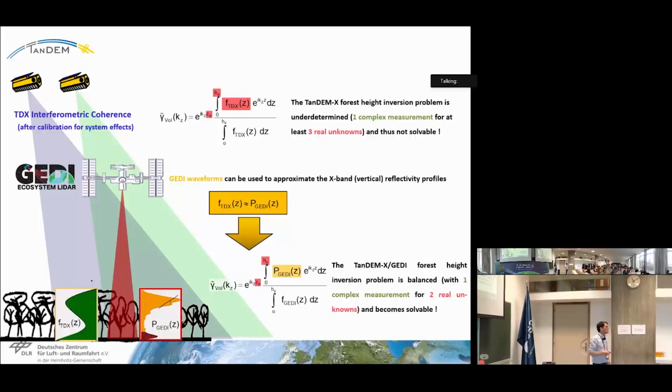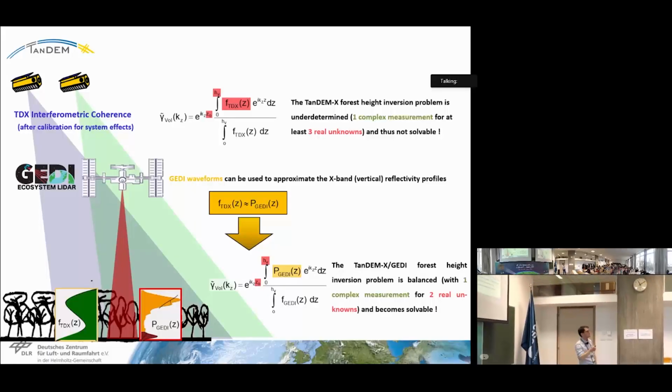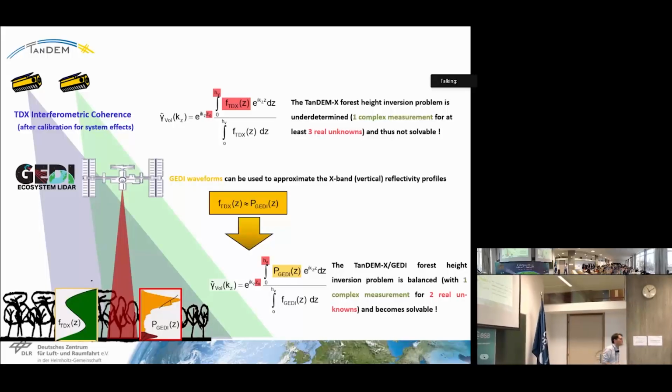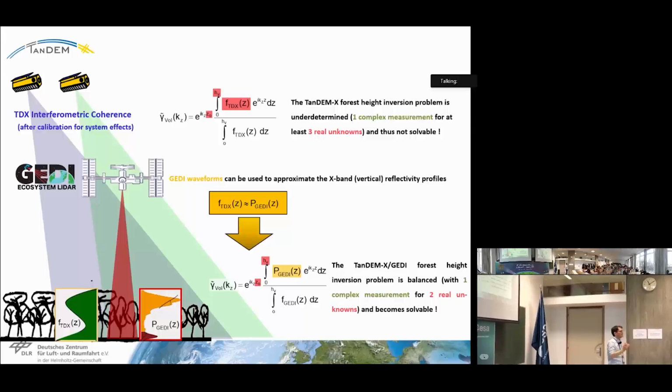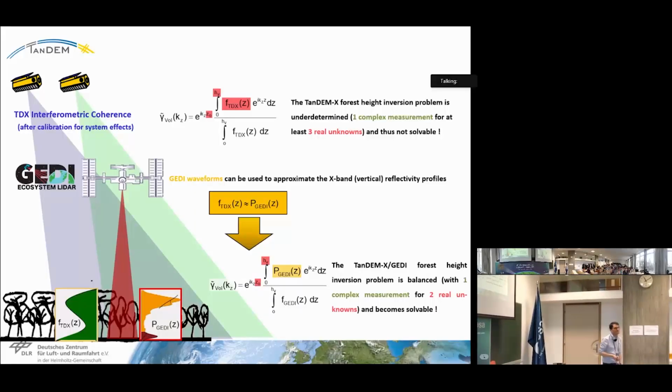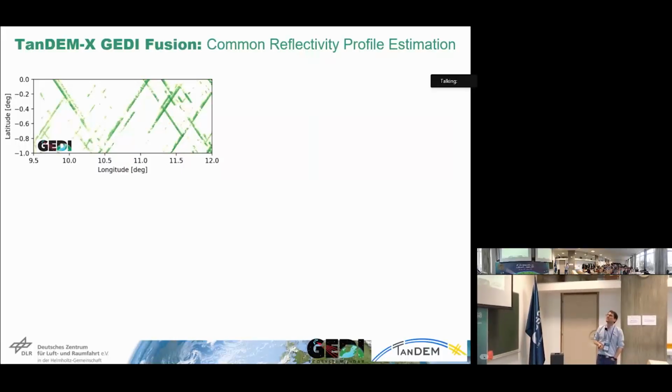And again, with the reflectivity function, you can describe the relationship between height and coherence. We will see this in the exercise today, and you will actually implement it. And then from here, you can invert height. The same game.